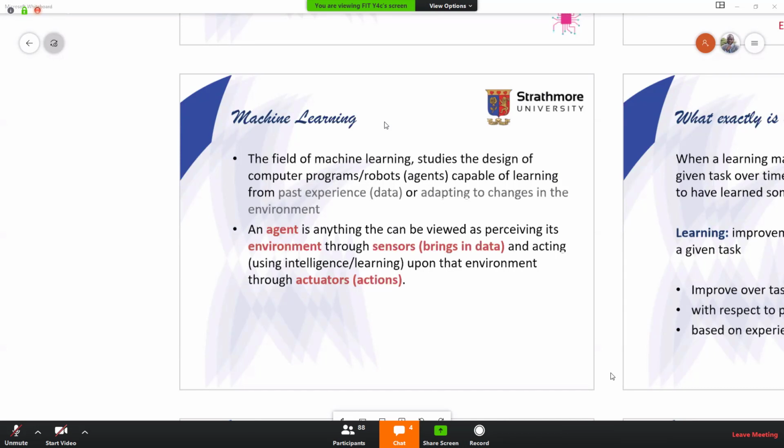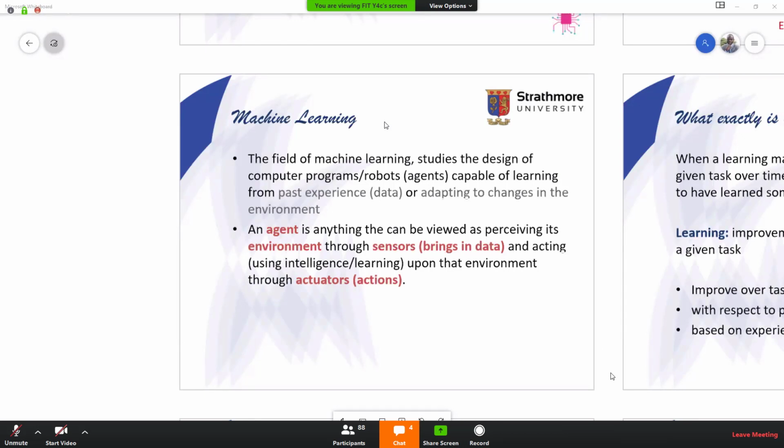Yes, about the components like actuators, agents. Yeah, very good. There was something called an agent, right? Thank you for the comment. The agent perceives an environment from where they get data.